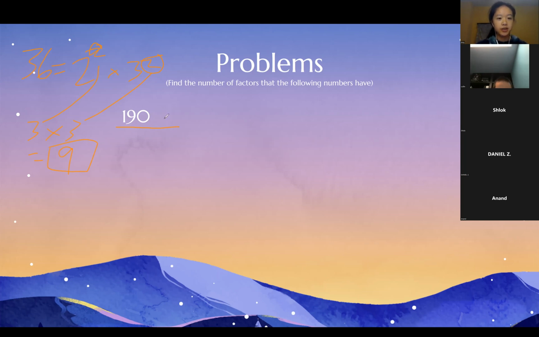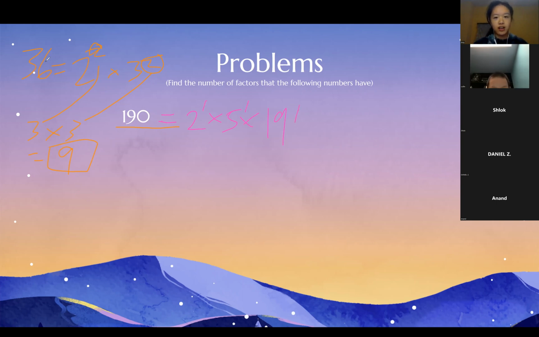Okay, so for 190, obviously the first thing you would do with the prime factorization method would be to find the prime factorization of 190. So 190 is equal to 2 times 5 times 19, but of course, all this is raised to the first power.